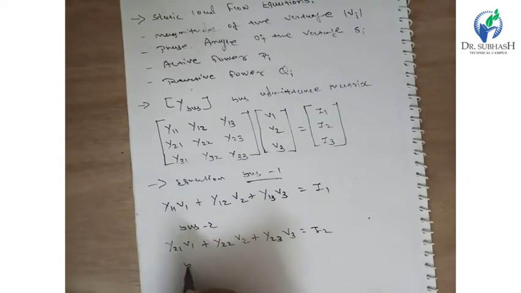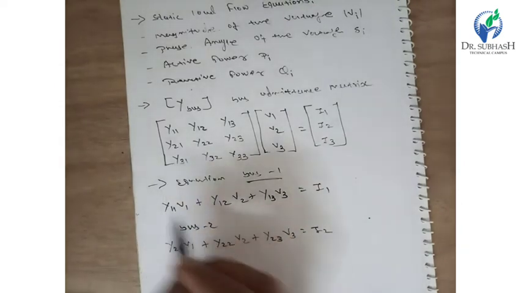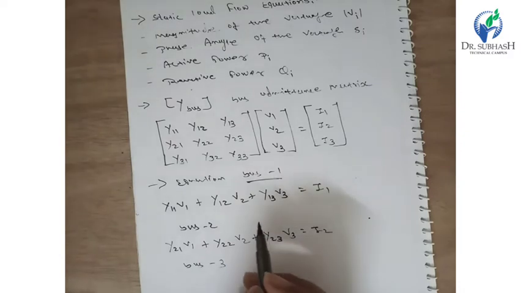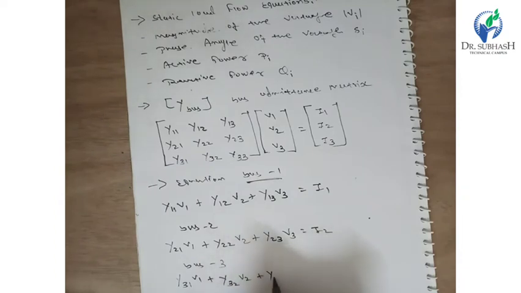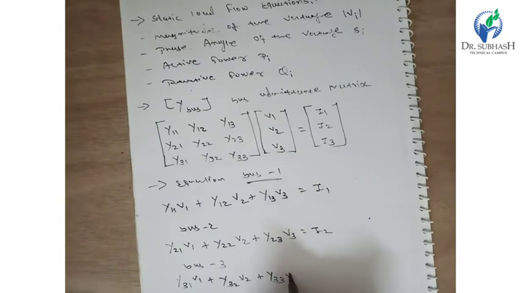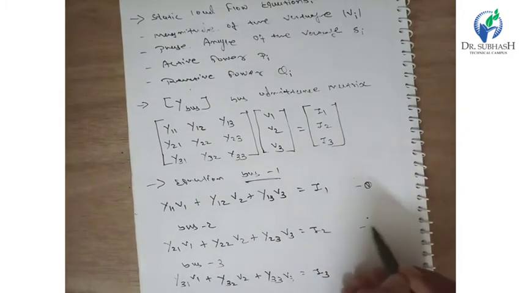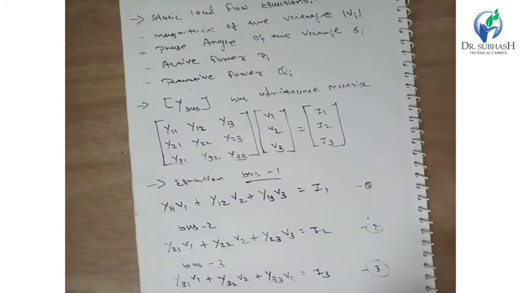And for bus 3, in the same way, Y31 multiplied with V1 plus Y32 multiplied with V2 plus Y33 multiplied with V3 is equal to I3. These are equation number 1, equation number 2 and equation number 3, taken from bus 1, bus 2 and bus 3.